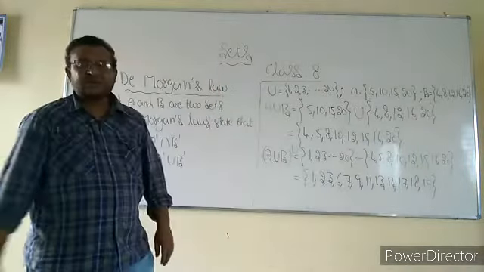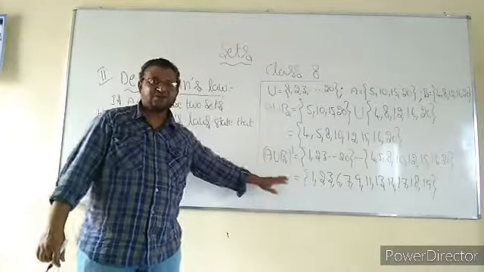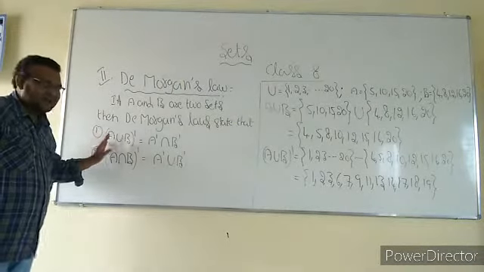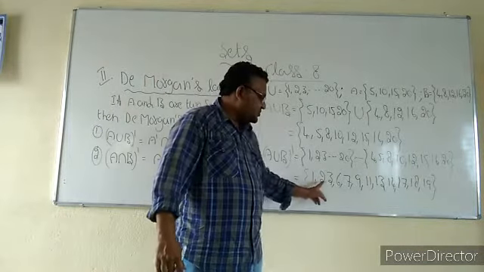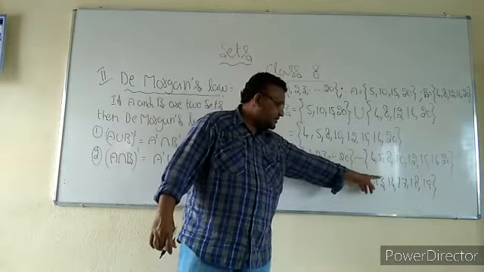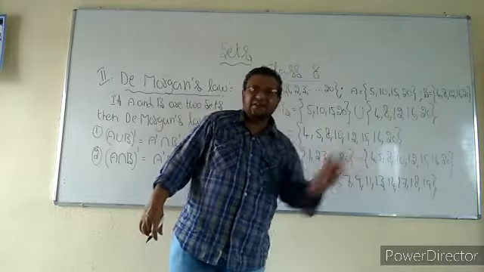So this is (A union B)'. Up to now, for the first law LHS, (A union B)', we got 1, 2, 3, 6, 7, 9, 11, 13, 14, 17, 18 and 19.